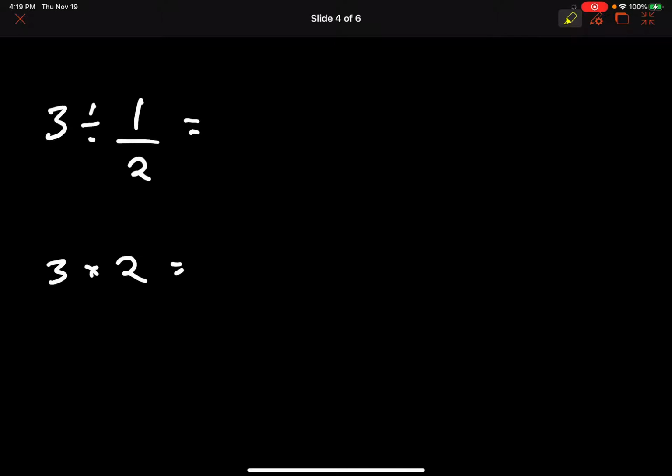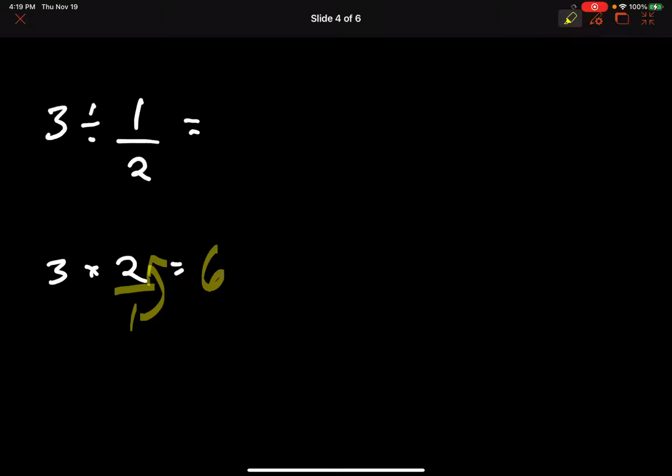Okay, so if I have 3 divided by a half, does it have the same answer as 3 times its reciprocal? So this is its reciprocal, right? So I just left the 1 off because 2/1, anything over 1 is just the number, the numerator, because you're dividing. Okay, so this is obviously 6.